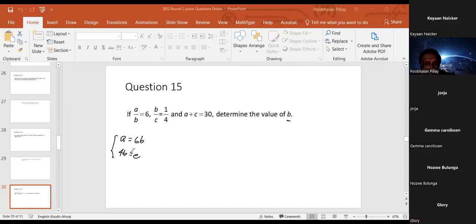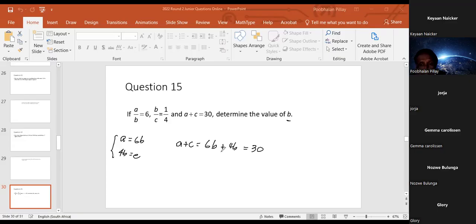Now you've got C is 4B, you see. So for A plus C, you can get both of them in terms of B. A is 6B and C is 4B, and that gives you 30. So that's an equation, because we know A plus C is 30. So I calculate A plus C from my two equations, and I got that.